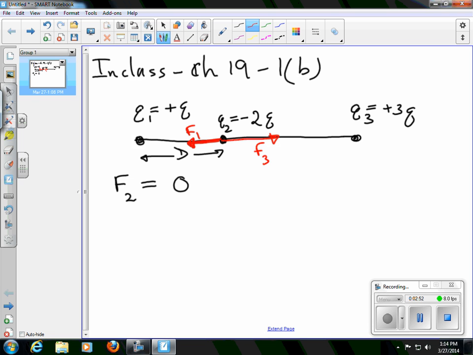So Q3 is the one making that force on Q2. They are attractive, so the force has to be in the positive x direction.